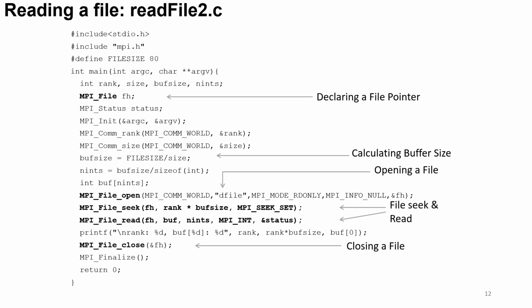So we have here file size, which is defined as 80 bytes, and then size would be, if we use 4 processes to run the code, 4. And then we calculate the exact number of integers that we would be involving here. So we divide buff size by the size of integer. And then we pass these values to the MPI file seek and the file read calls.